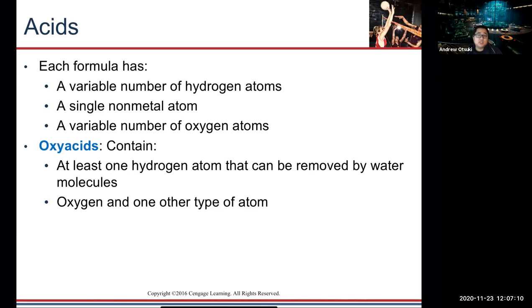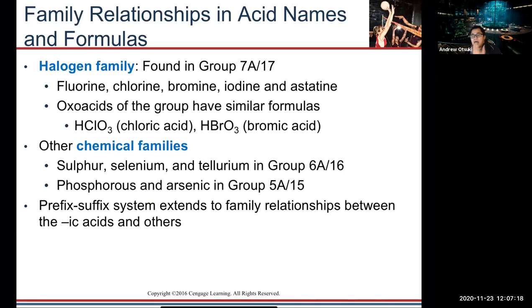Oxy acid refers to the oxygen and one other type of atom. The halogen families have oxo acids, so remember chloric acid, the one I want you to remember. Then there are other chemical families like sulfur, selenium, tellurium, and phosphorus and arsenic acids that are common. I would refer back to those acids that you'll have to be able to name, and we're going to go over it, but be aware, it's a lot.